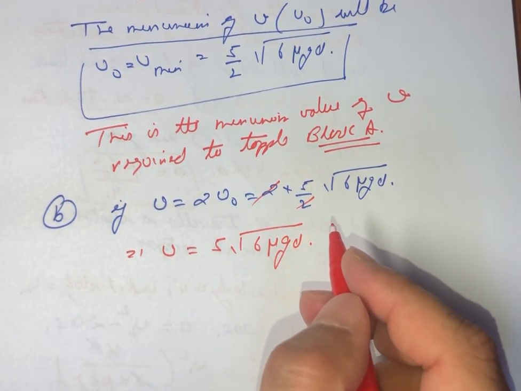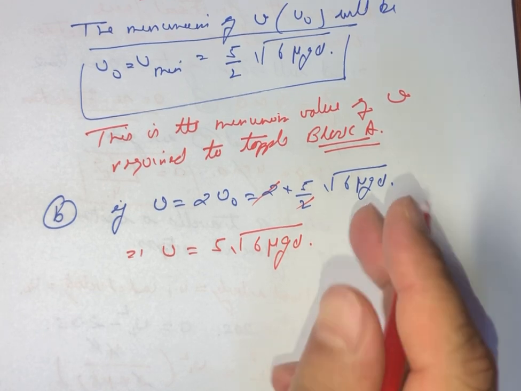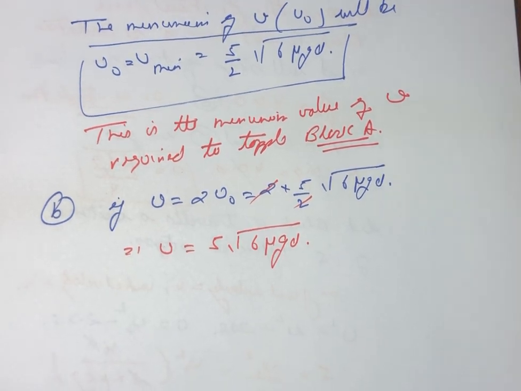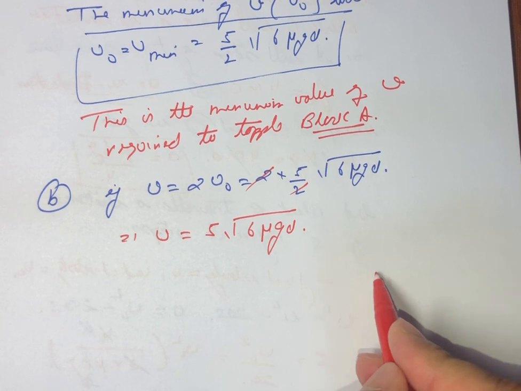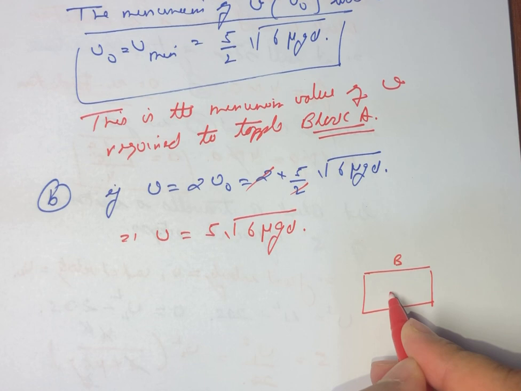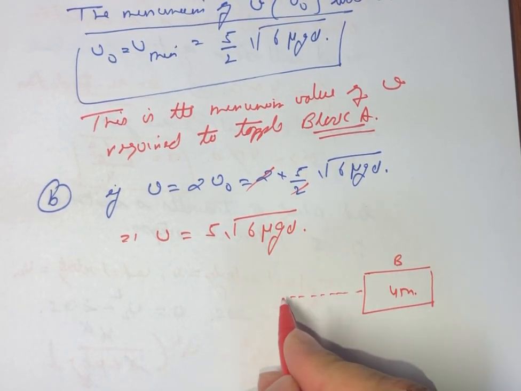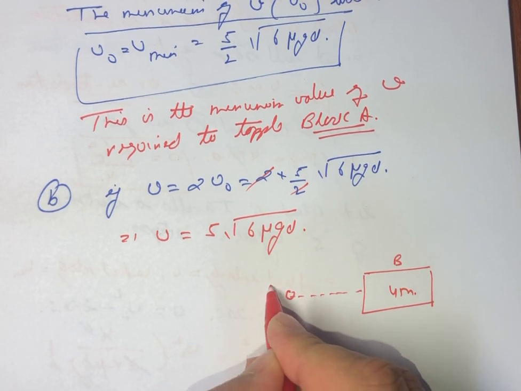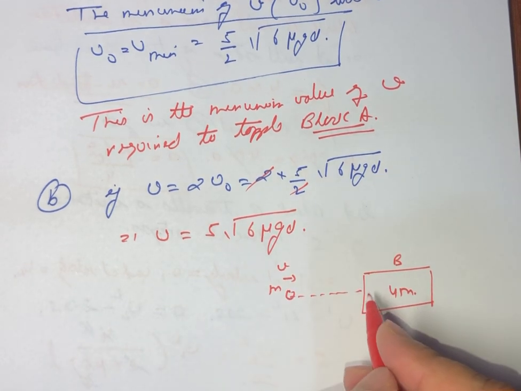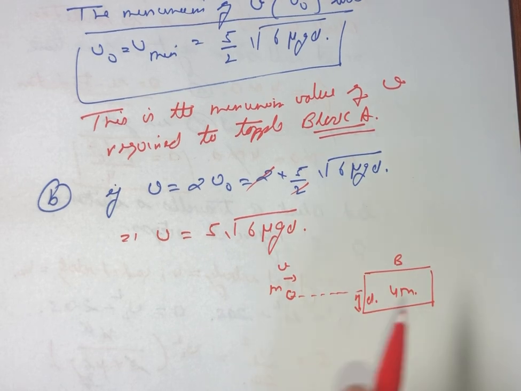Now it is also given that we have to find out the distance. Okay, so here this is block B having mass 4m, and this is mass m traveling towards the right with the velocity v, and it strikes along this height, which is given as d.